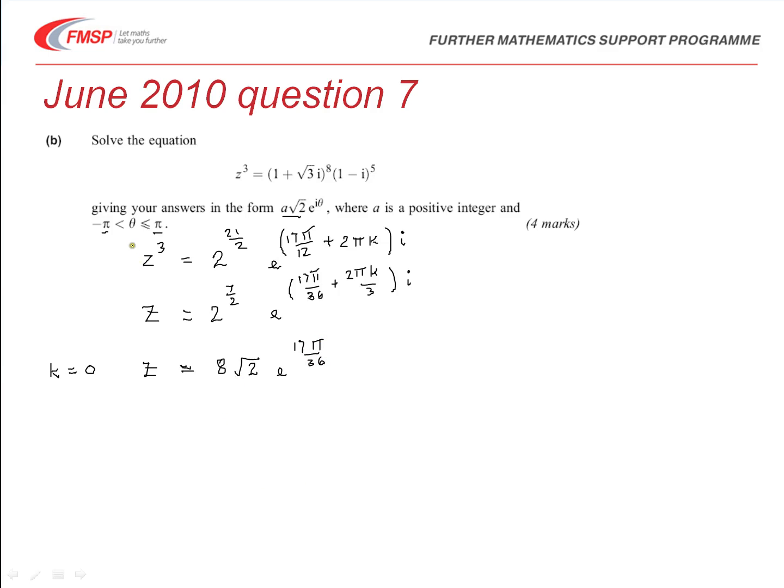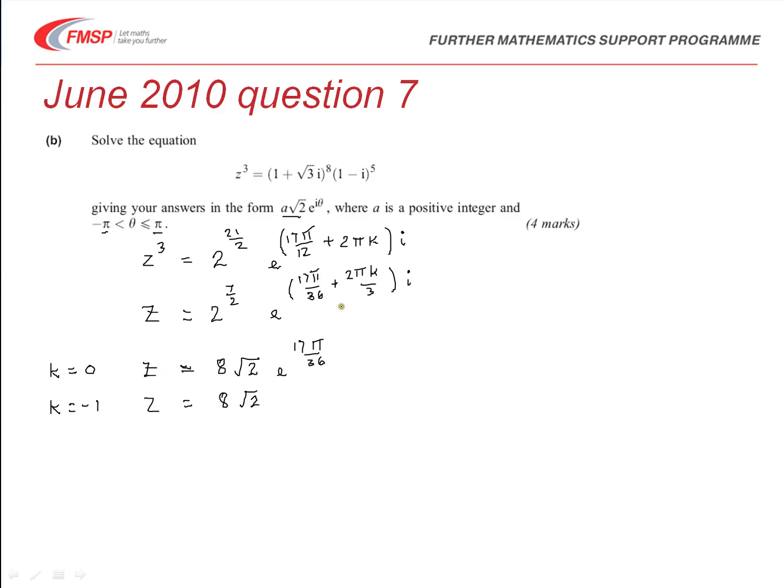Well, to get a value of theta which is less than 0, that's negative, one would guess that one would take k as being negative 1. And if we do that, we're going to end up with z equals 8 root 2. And now I've got to take 2 pi over 3 away from 17 pi over 36.